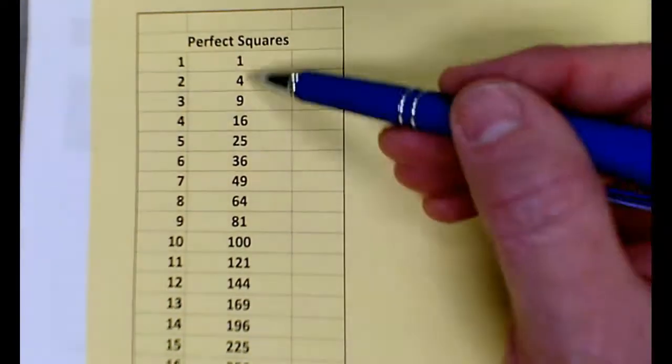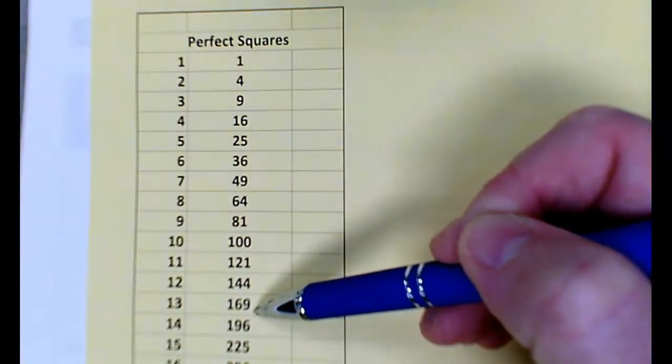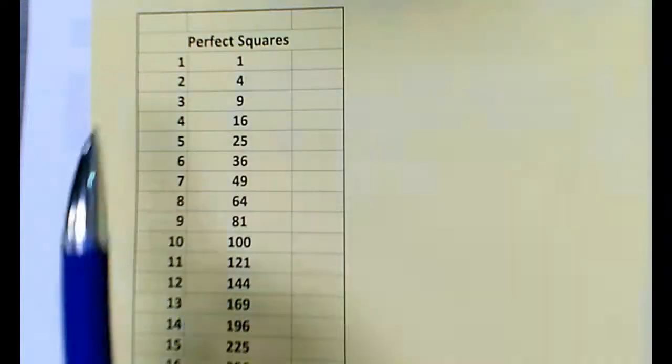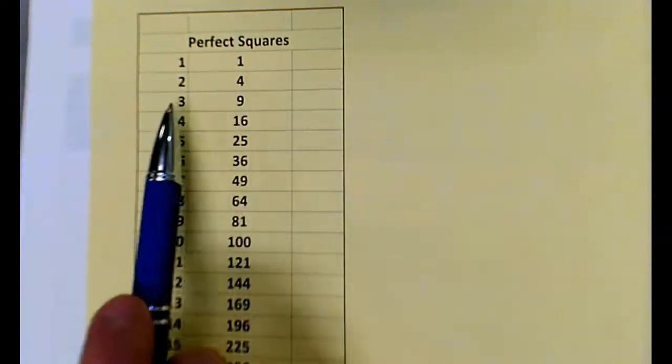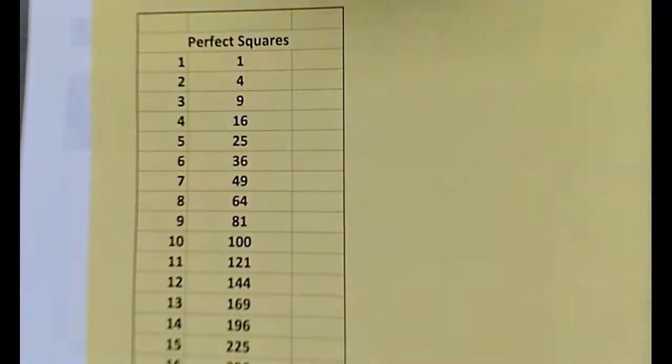So why would these numbers be called perfect squares? 2 times 2 is 4. 3 times 3 is 9. 7 times 7 is 49. But do you know why they're called perfect squares and not perfect triangles?